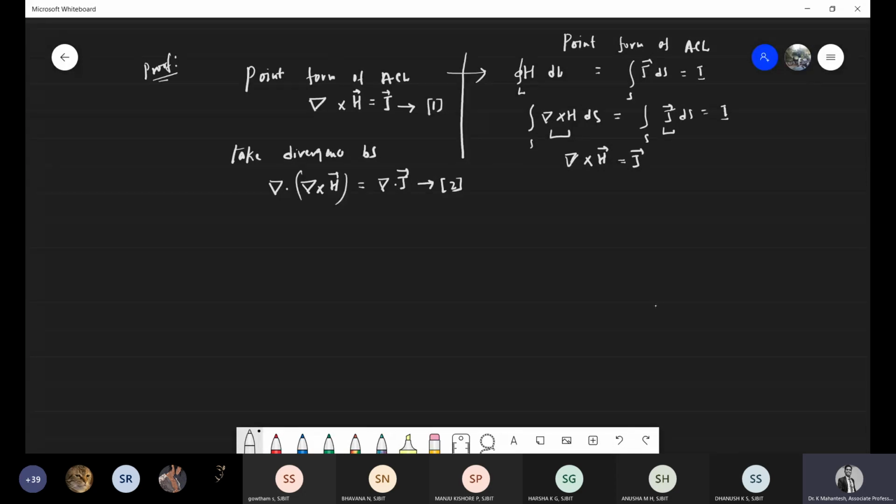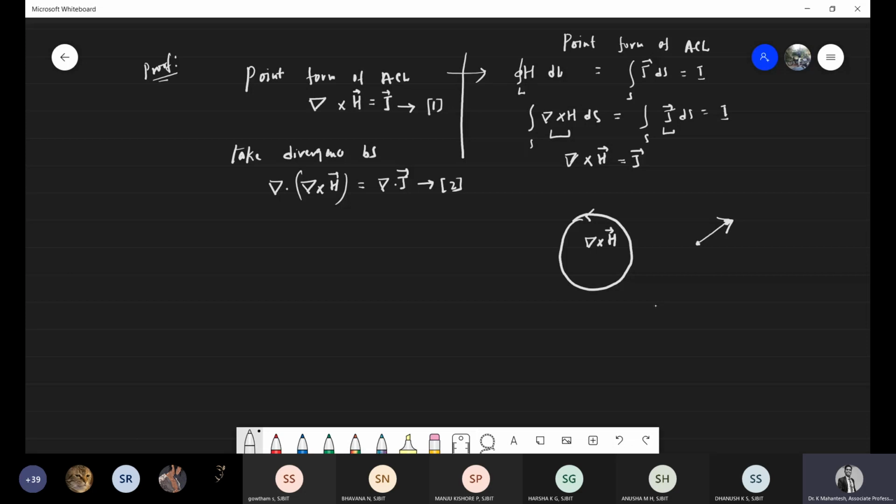What is divergence of curl? Guys, I repeat, can I call this as curl? Curl is what? It's a circular motion. So this is a curl of any given vector. Here it is H. And what is divergence? Divergence of any given vector would be like this. So from a point, if you have a vector going away from the point, this is divergence.